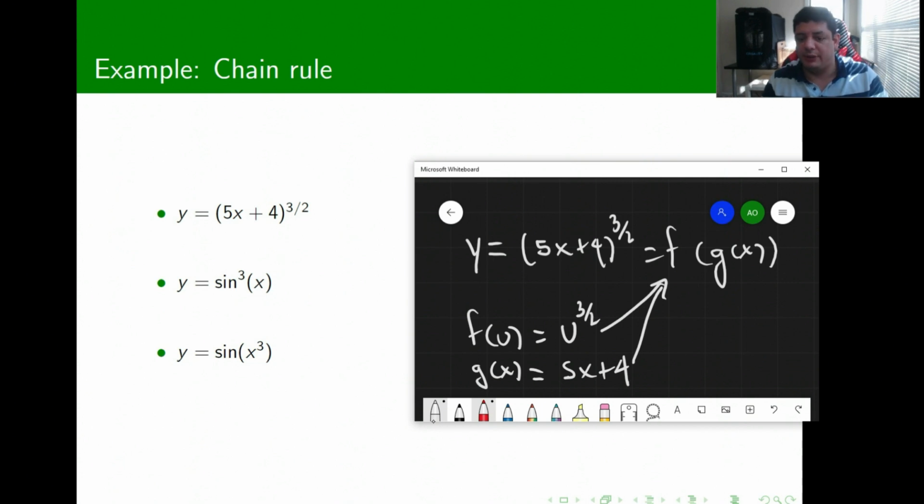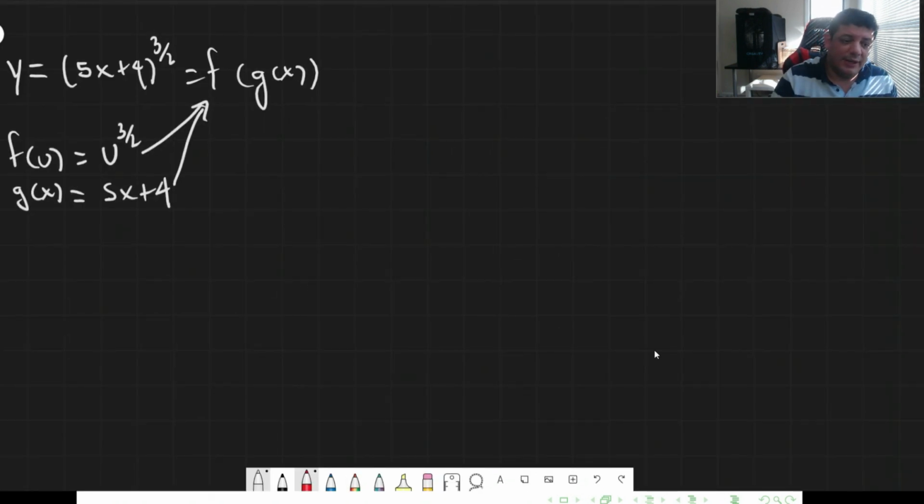Well, assuming that we keep that order, f of g of x, it's going to produce this (5x plus 4) to the 3/2. Now, if we're doing this, notice that this is the function y equals f of u, and this is the function u equals g of x.